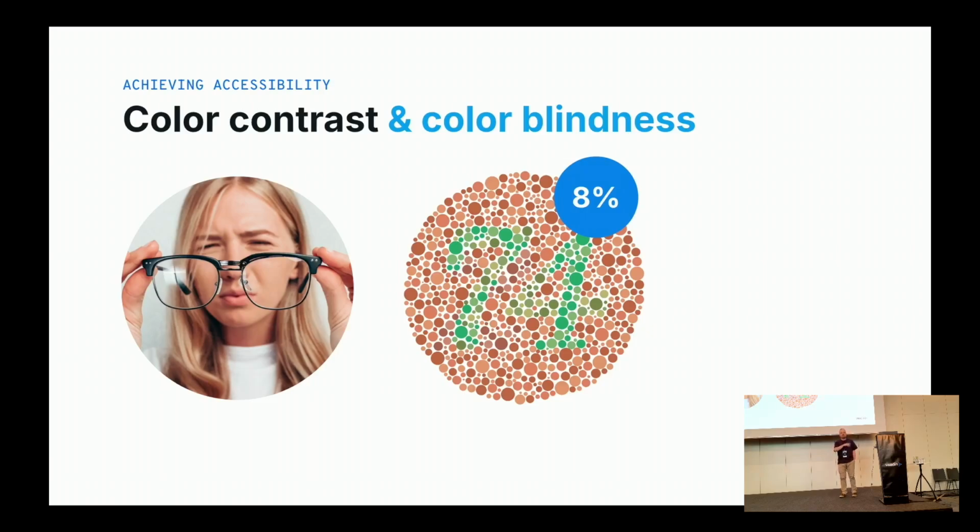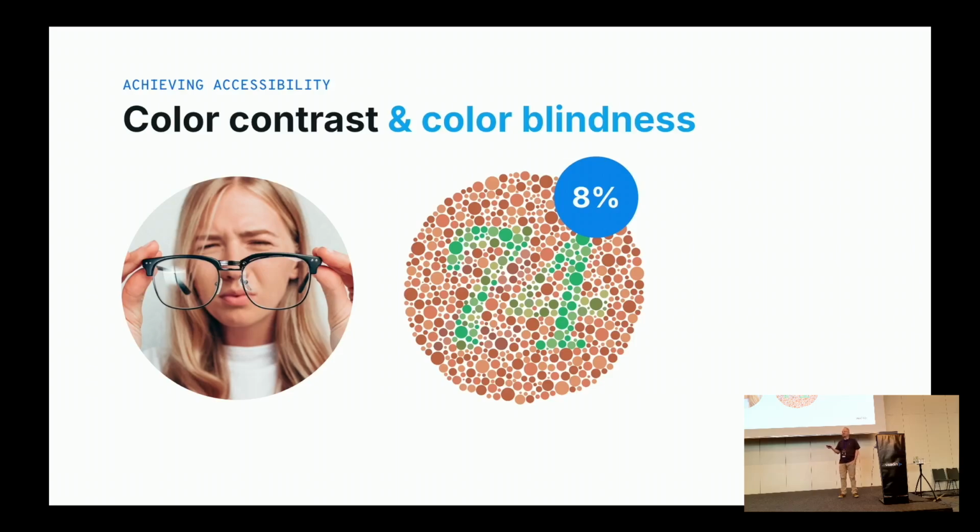I'm not going to go into a lot of detail about color blindness, except to say that there's one easy rule of thumb to follow to make sure that you're not making their lives difficult, which is to never rely only on color to convey information. So if you have a red-green indicator, for example, for on and off, also provide a text alternative to say on and off, or an icon, or anything else in addition to that color.